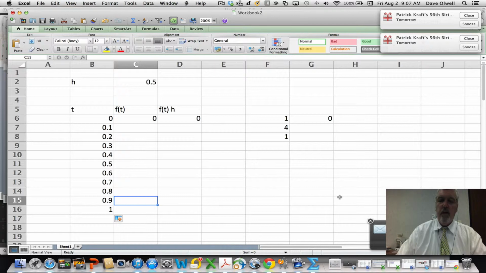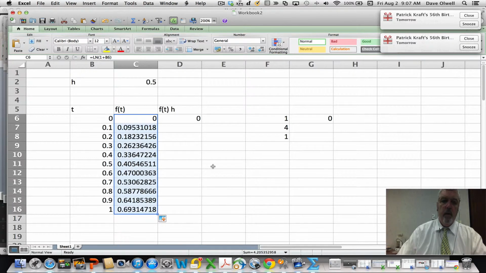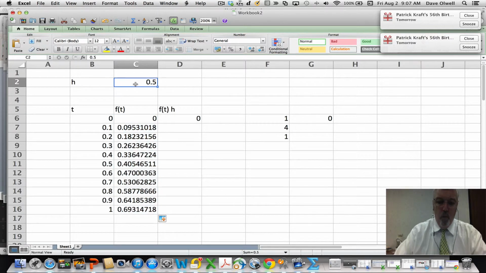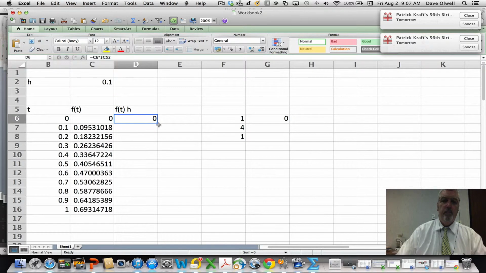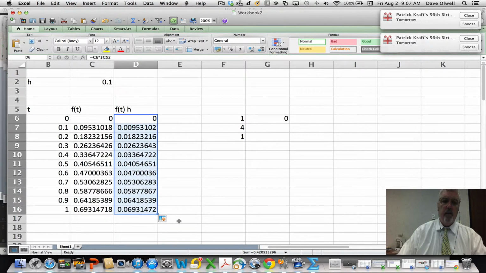Okay, so that's a much finer partition, and again, I can calculate what the endpoints are for that. And now my width is 0.1, and I can calculate what the areas of these various rectangles are.